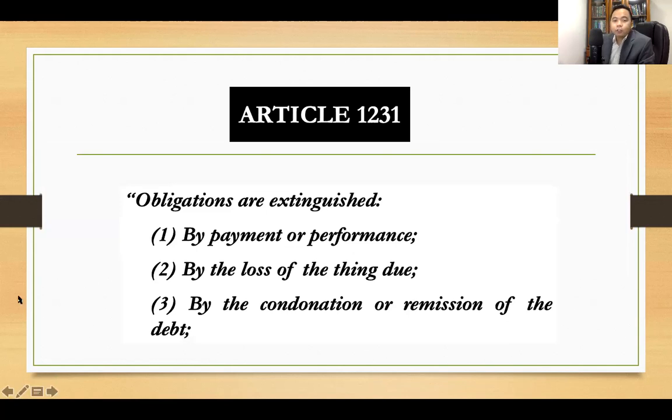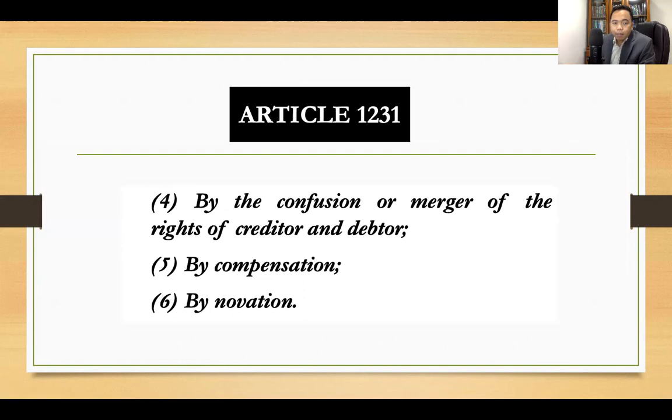Now, Article 1231. Obligations are extinguished through the following means. 1. By payment or performance. 2. By the loss of the thing due. 3. By the condonation or remission of the debt. 4. By the confusion or merger of the rights of creditor and debtor. 5.